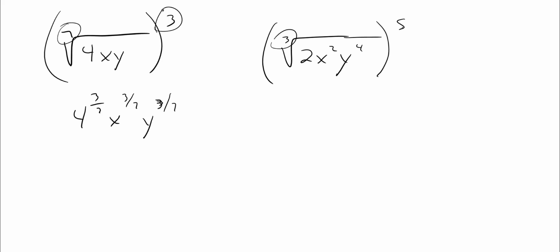The 2 is easy. It's 2 to the 5/3, right? But this x squared, technically it's x squared to the 5/3 power, and y to the 4th to the 5/3 power.